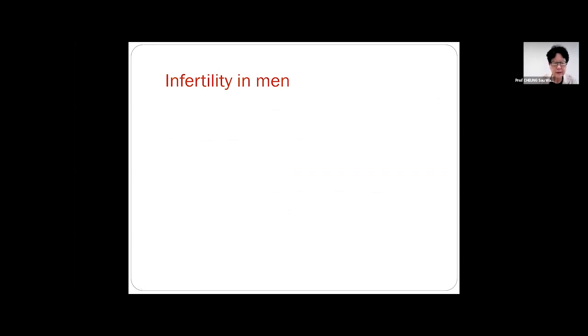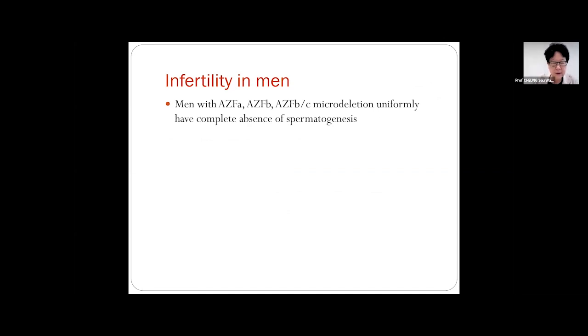And this is a cause for in the YQ, the men with AZFA, AZFB, AZFB and C microdeletion uniformly had complete absence of spermatogenesis.